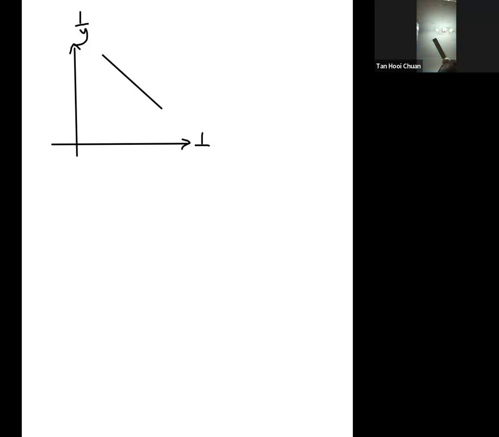Here is 1 over x. Can you still remember how to find equation of the straight line? Some of you say y equal to mx plus c lah. Yes, that's what you learned in Form 3. If you know two coordinates on the straight line, can you find the equation for it? Okay, the equation I write down here. Later we can find the a and b easily.